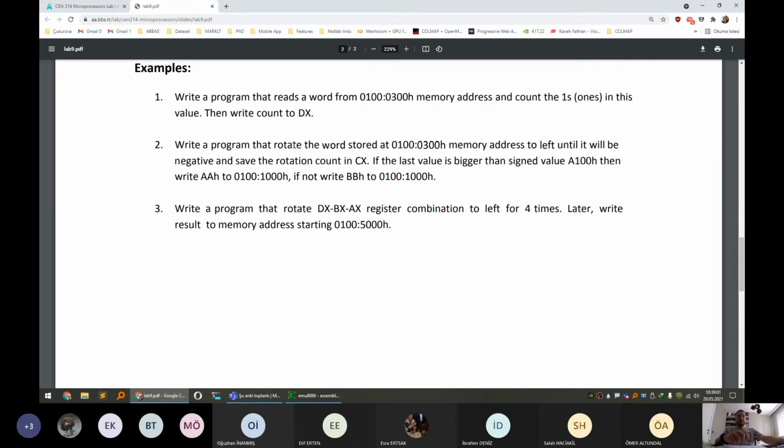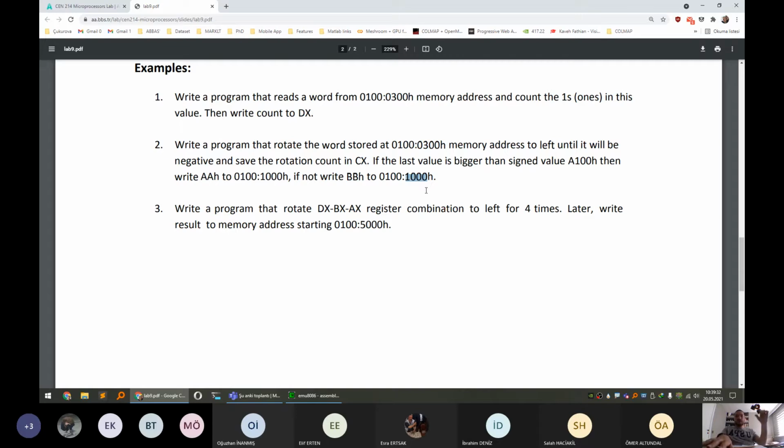The program wants us to rotate left until it becomes negative and save the rotation count in CX. Later there is another question: if the last value is bigger than the signed value of 100H, then write AA; if not, write BB into some memory location.